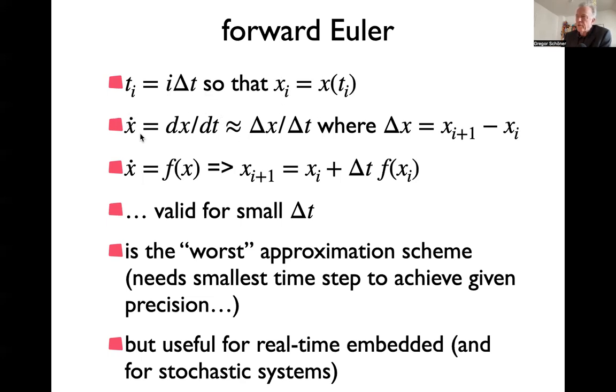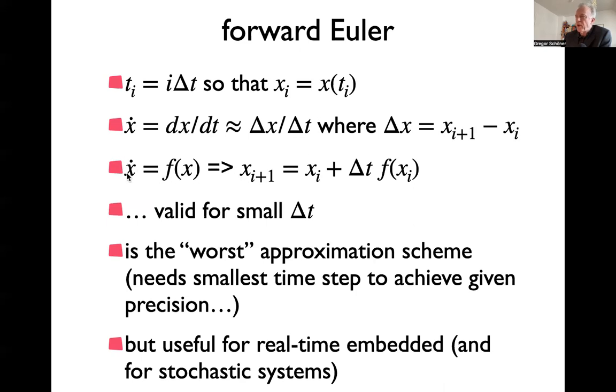And so instead of the differential equation, you have a map. To see what the map is like, the derivative you can approximate by discrete change. So in the time step delta t, there would be a change delta x. So delta x, that's the change from one time step to the next time step.